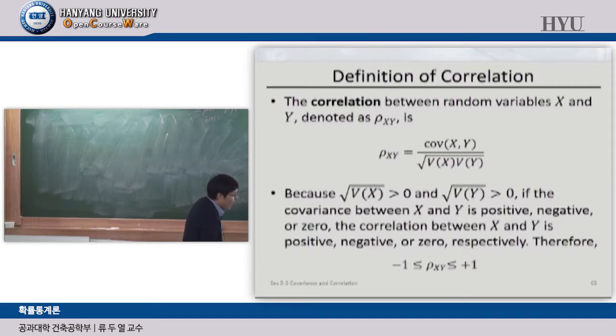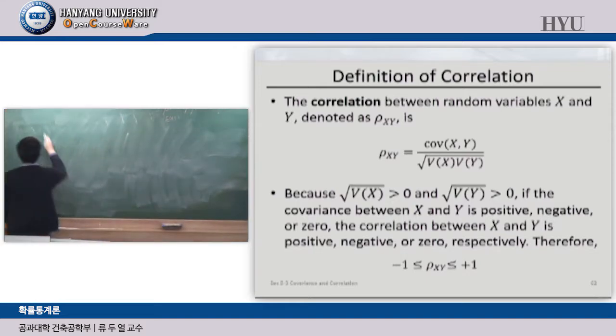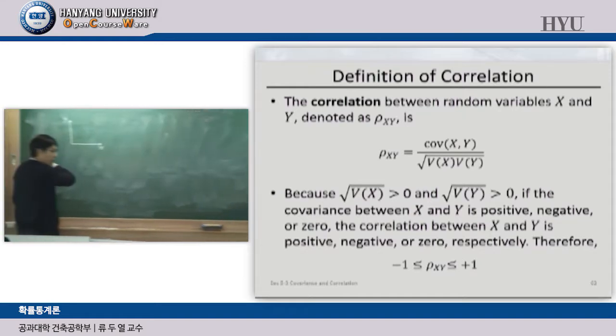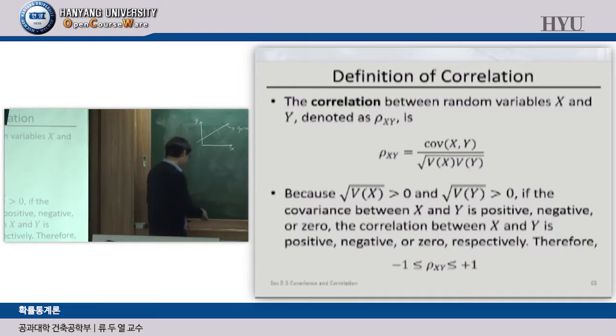So the rho xy should be between +1 and -1. And this means that this is the random variable x, and this is the random variable y. And we can draw the linear relationship, okay? We can say y is equal to ax plus b. Okay?